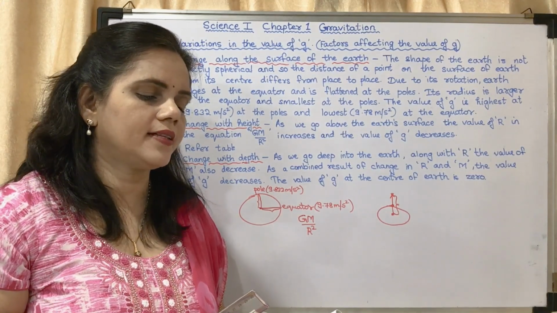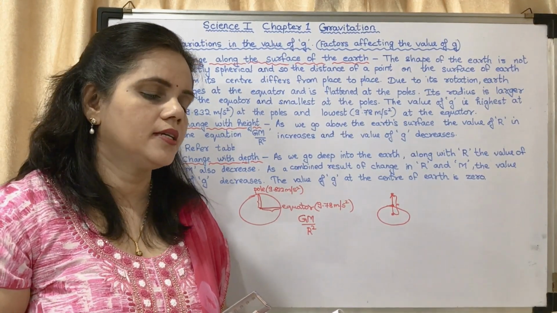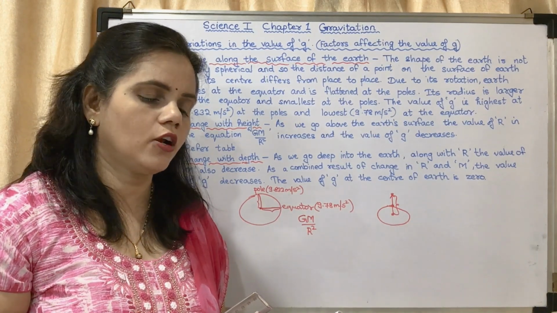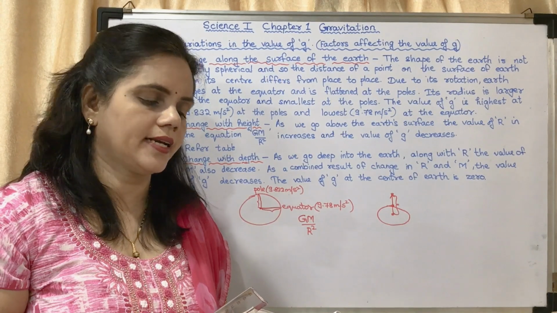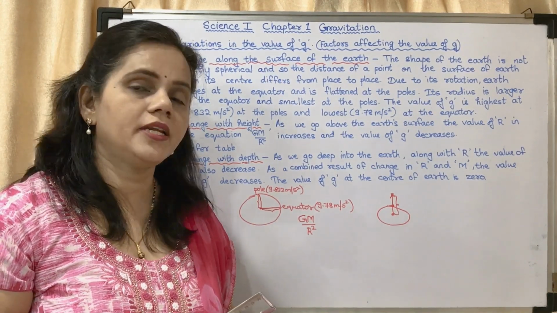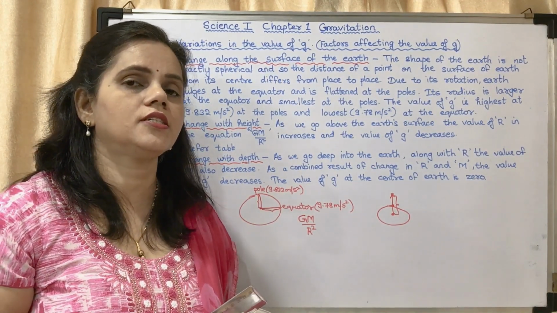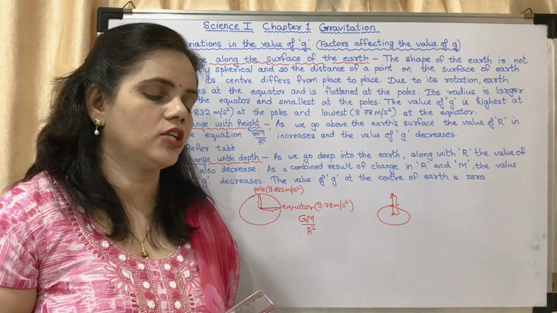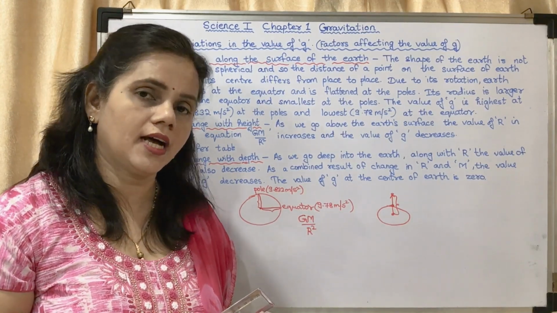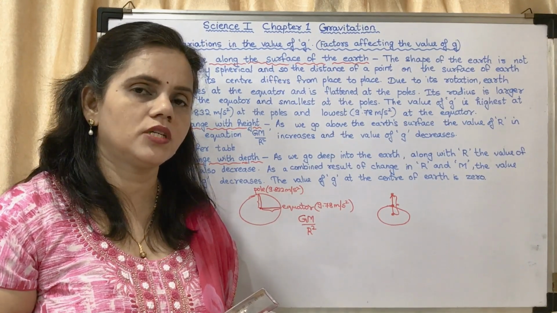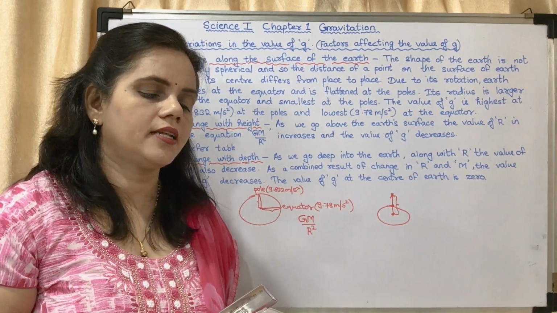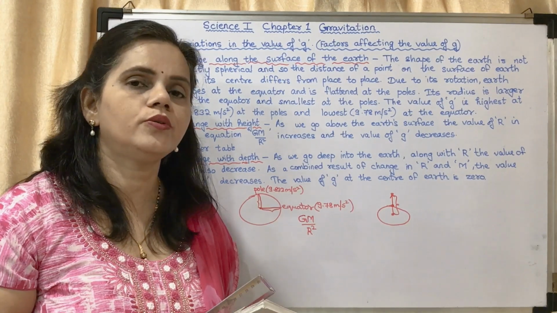Height of a typical weather satellite is about 400 kilometer and the value of g is 8.7 meter per second square. Height of a communication satellite: what is the distance of a communication satellite? Actually this point is also there in the last chapter of this paper. The height is 35,700 kilometers and the value of g is 0.225.